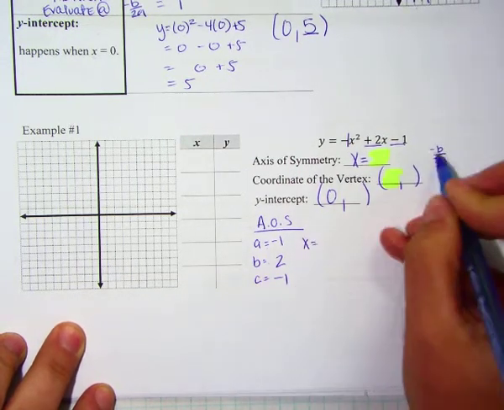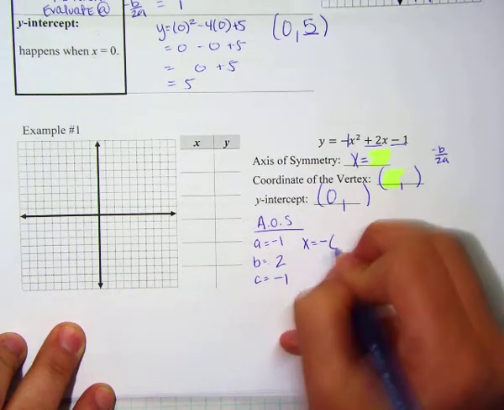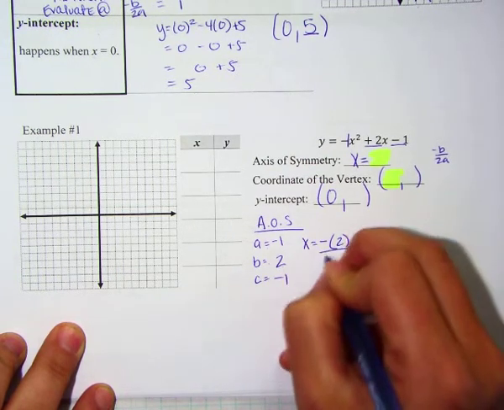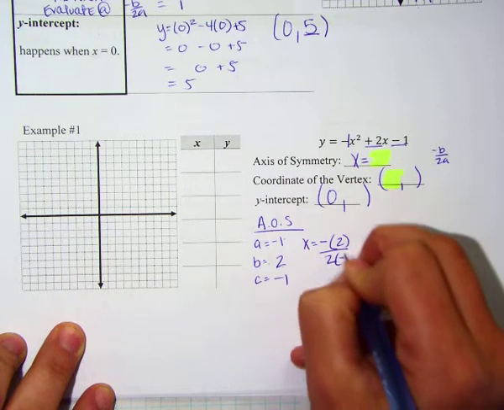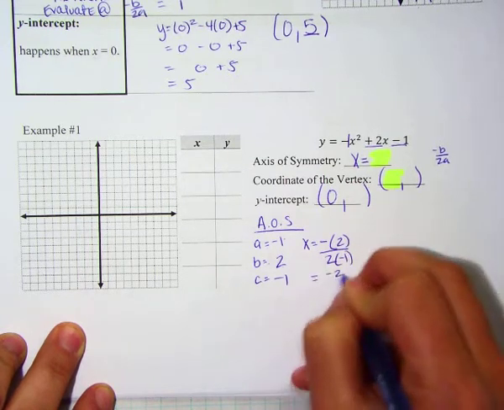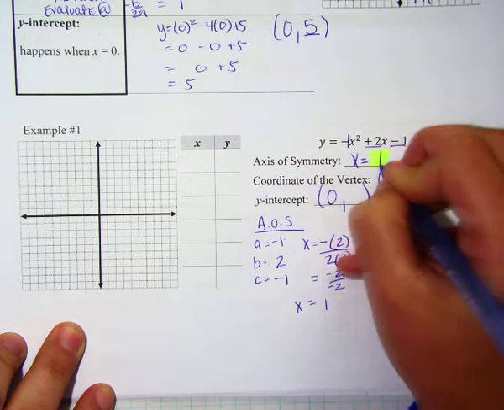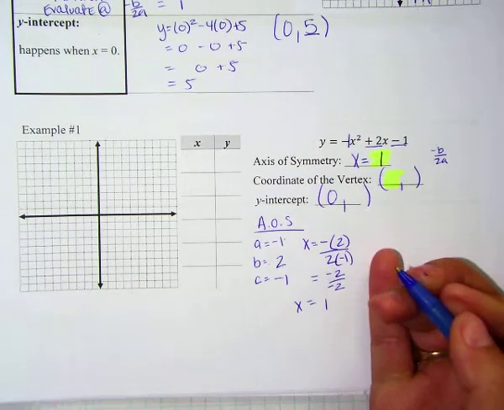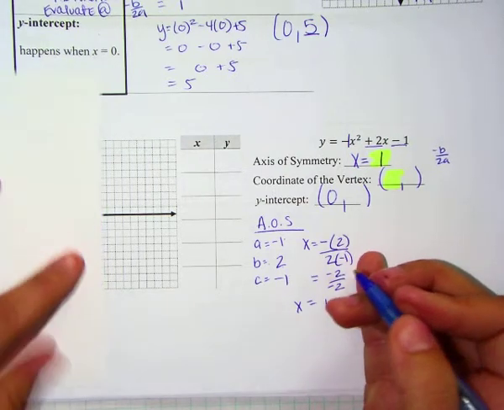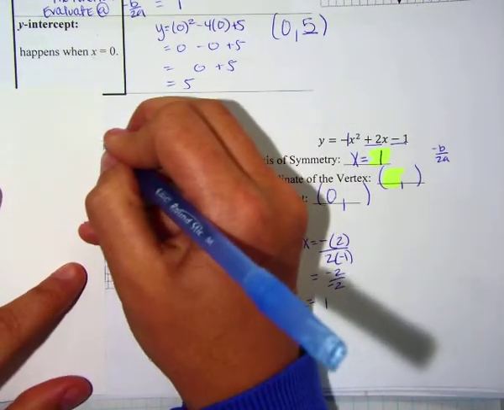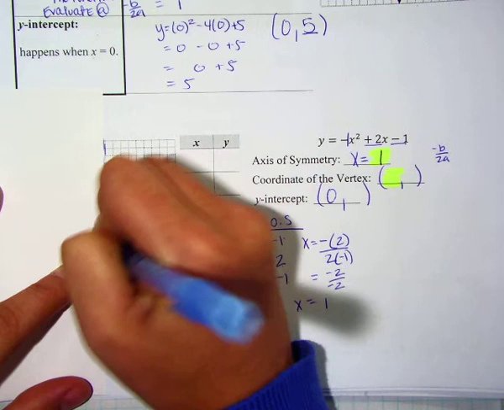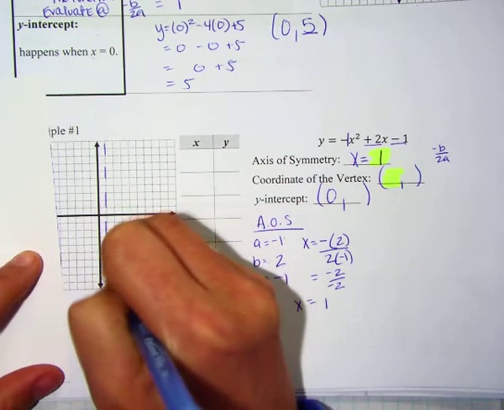We're going to plug it into negative b divided by 2a, negative 2 divided by negative 2, which is a positive 1. So the axis of symmetry is 1. So that's a vertical line that goes through x equals 1.